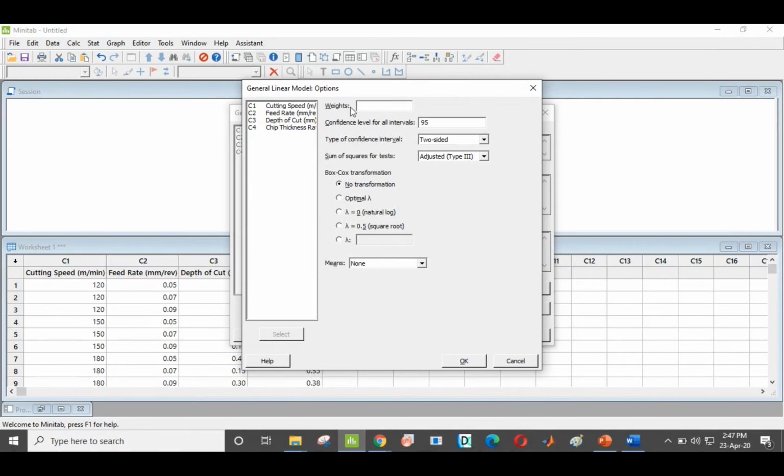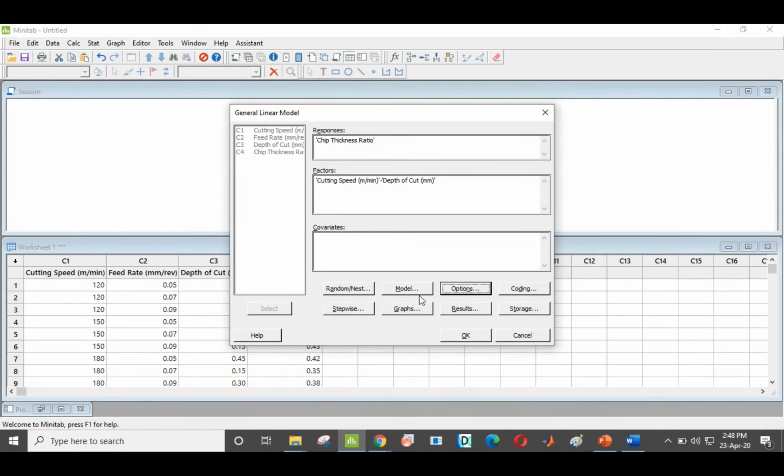Then options, whether we have to give any weightages. But here you can see the confidence level for all intervals is 95%, and the type of confidence interval is two-sided. The sum of squares is adjusted, type 3, and no transformation is required for this.